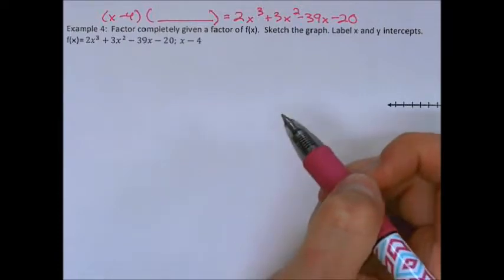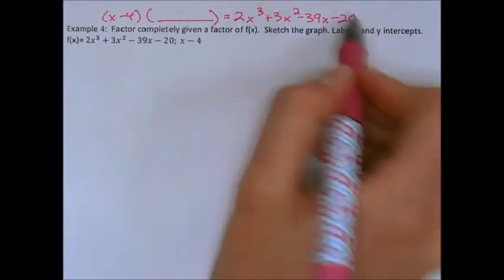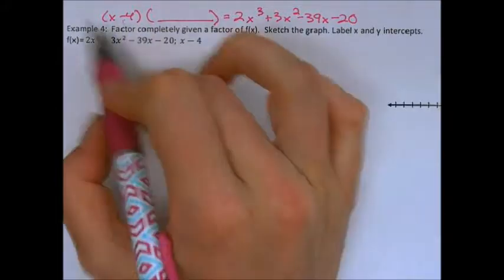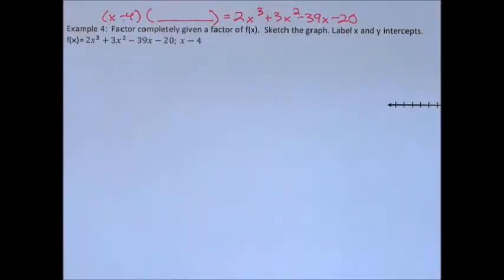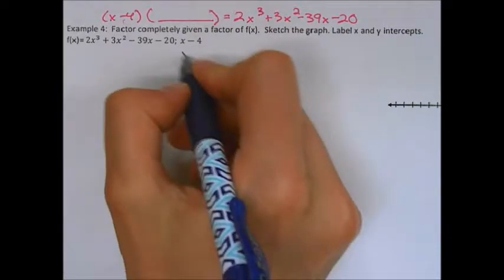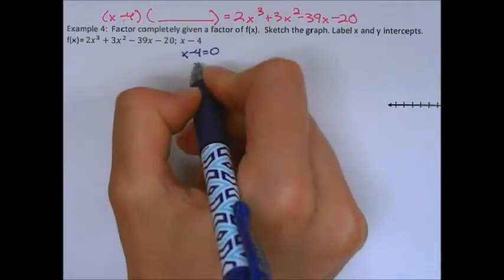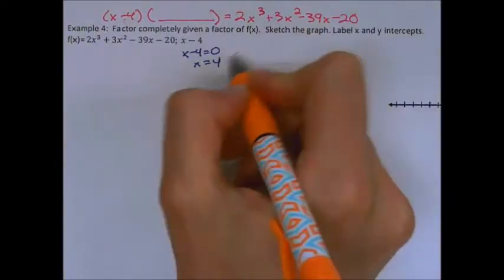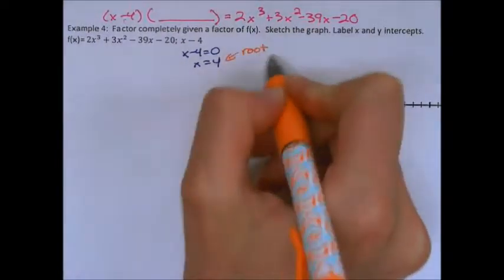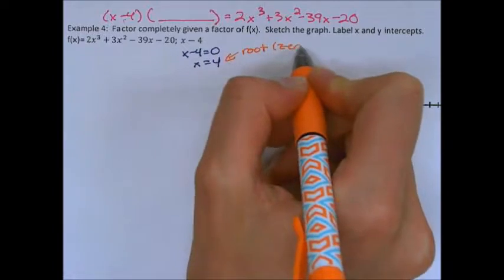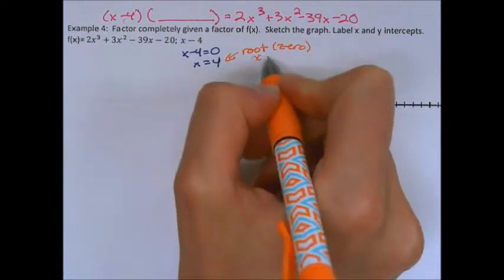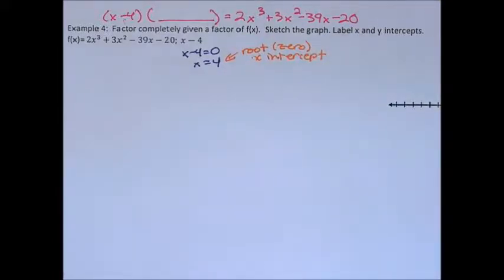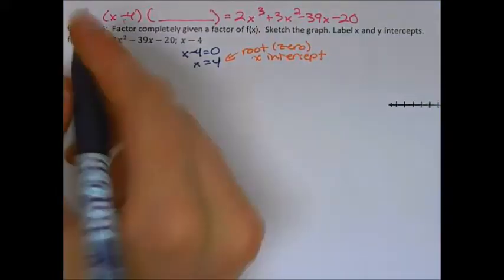So what we're doing is we are dividing this polynomial by this. So the x minus 4 is our denominator. So let's set x minus 4 equal to 0. So x equals 4. And I want us to notice that this is our root, or 0, or x-intercept, whichever word you want. We put that in the box.